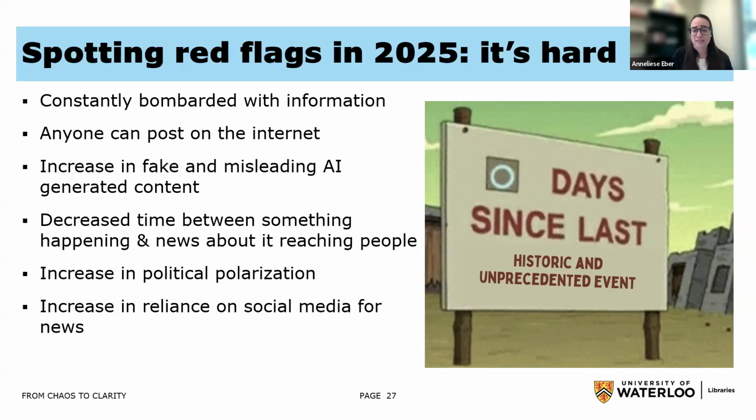We also see an increase in political polarization, and this has been happening over a number of years and decades, which does create those biases, because you do see that contributing to where data is coming from and how people are viewing it. And also an increase in reliance on social media for news. This is a way a lot of people are getting their news, but we also see issues where some news sources aren't available on different platforms in different countries.